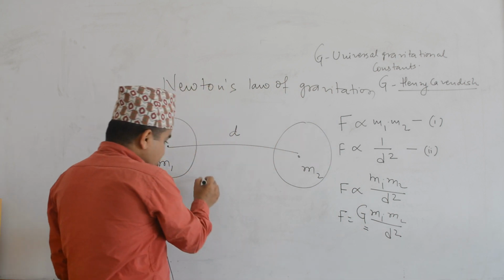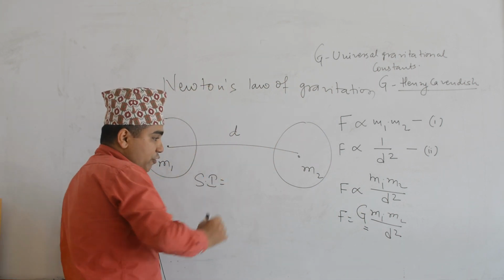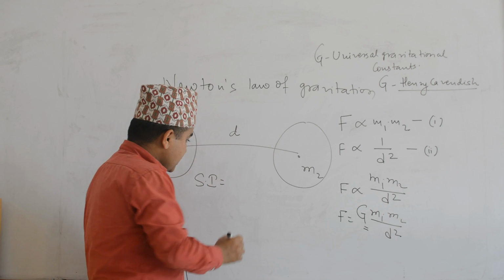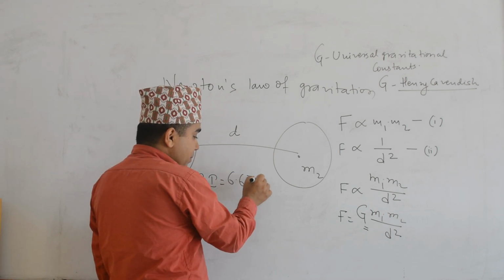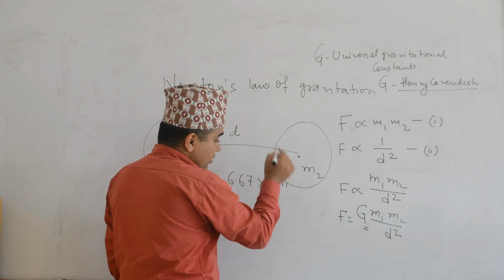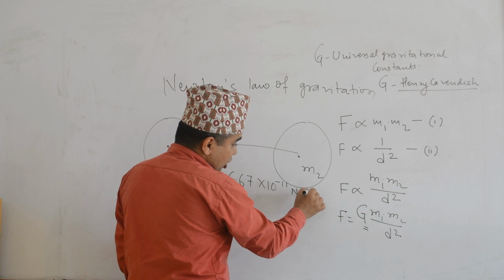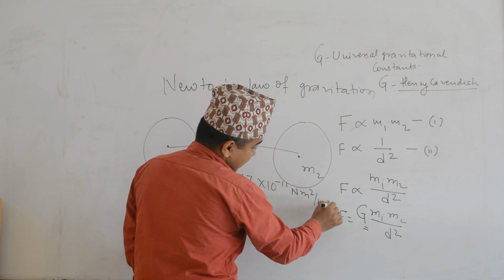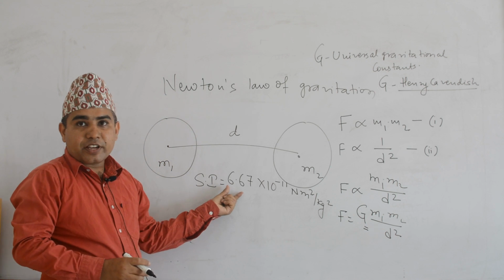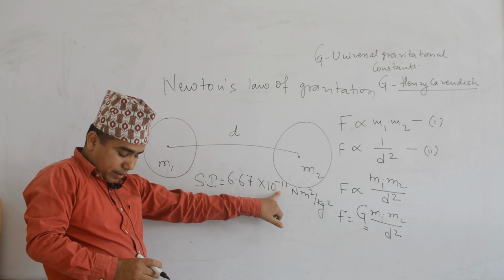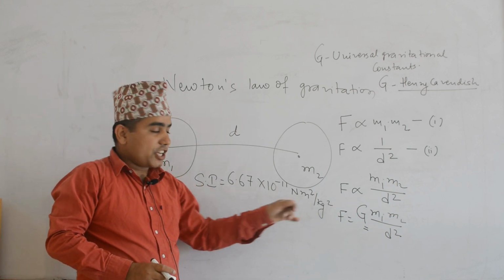Now, in the SI system of units, the value of capital G is 6.67 into 10 to the power minus 11 Newton meter square per kg square.